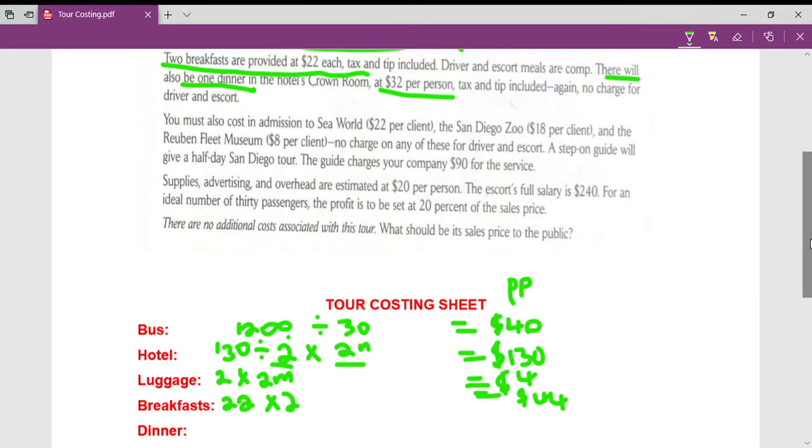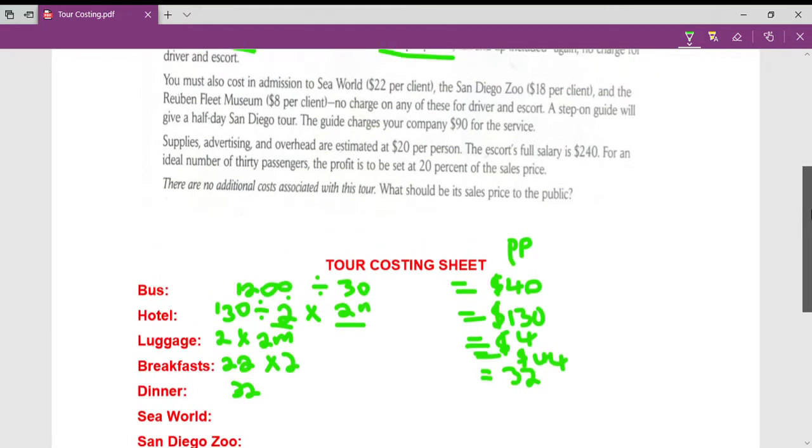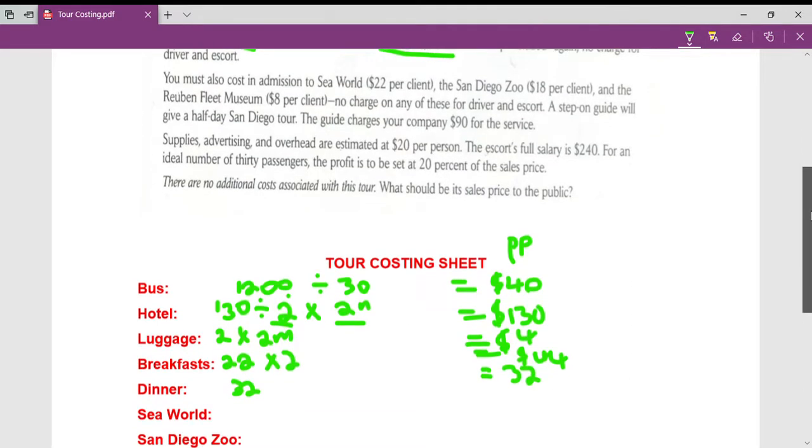So it says there will be dinner for 32. Yes, 32. So we carry that as it is, then it will be 32. I hope you students can see this. We don't multiply that whatsoever because it clearly says per person, so we don't really have to worry about that.